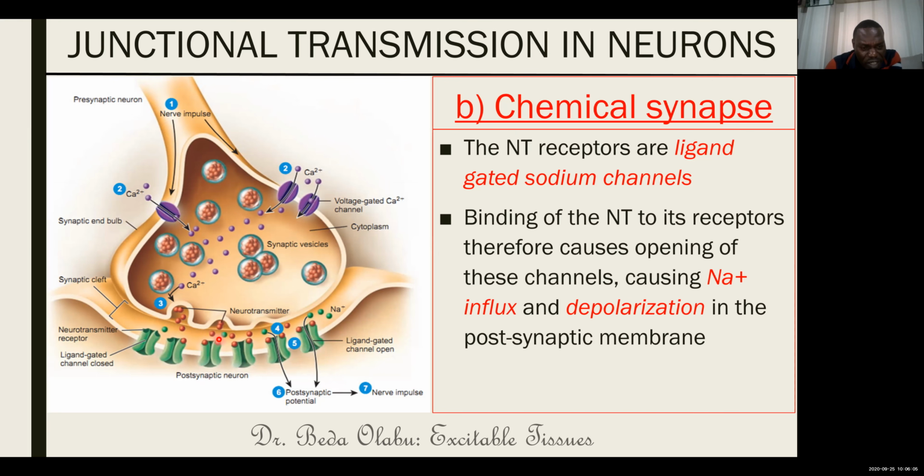For lack of a better term, allow me to call them brown. The brown ones are the neurotransmitters because they're here. So the neurotransmitter binds to its receptor, and the binding of the neurotransmitter to the receptor causes this receptor to open, because this receptor is also a ligand-gated channel.